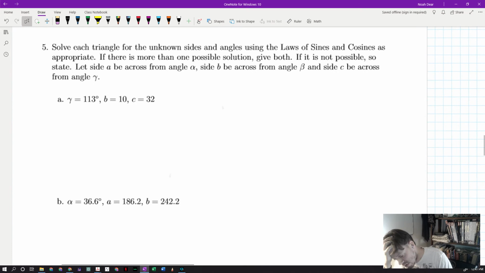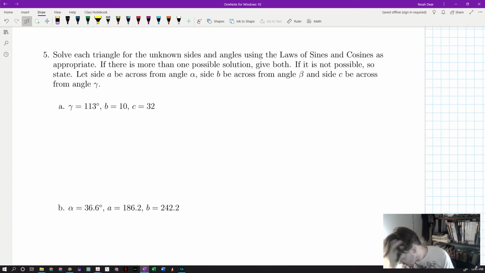So I like drawing pictures. I think that's always the strategy that I like to start with, is just draw a picture to see what's going on here. If I have an angle of 113 degrees, I'll start by just drawing an angle of 113 degrees and thinking about the sides then. It looks like C matches with gamma here, so I do have a matching side and angle.